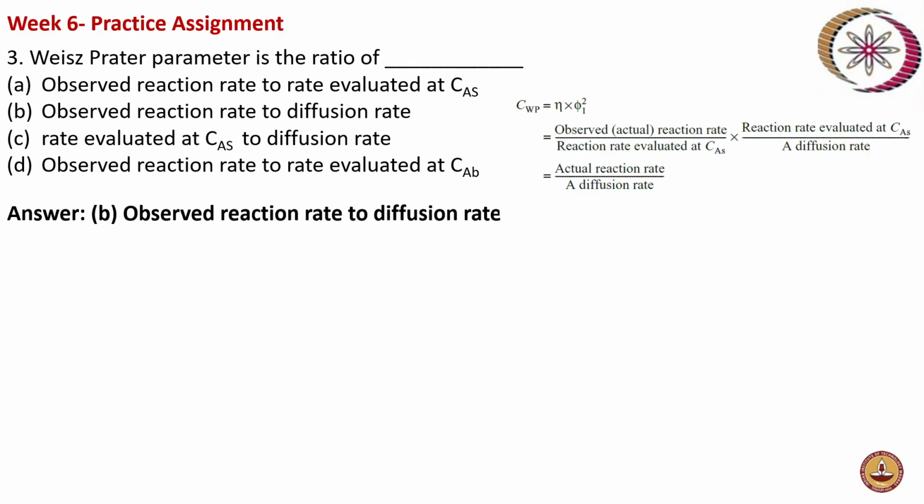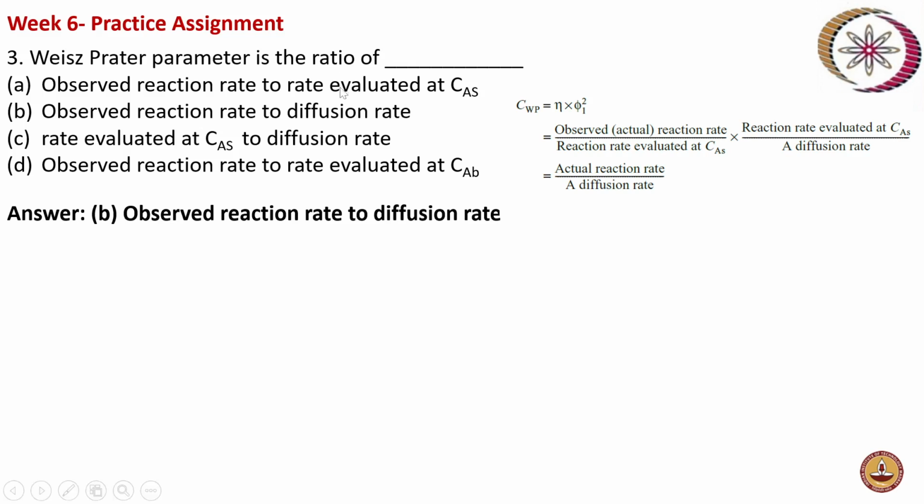So the Weiss parameter is given by CWP is equal to eta into phi 1 square, where eta is your internal effectiveness factor and phi 1 square is the square of your Thiele modulus. Eta, the internal effectiveness factor, is given by the ratio of observed or actual reaction rate to the reaction rate evaluated at CAS, and your Thiele modulus is given by reaction rate evaluated at the surface at CAS to the diffusion rate.